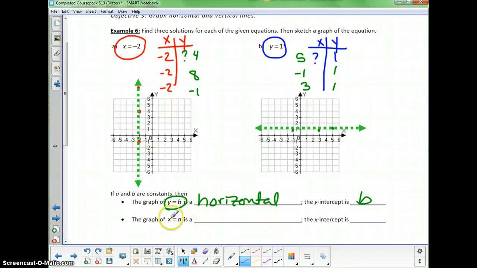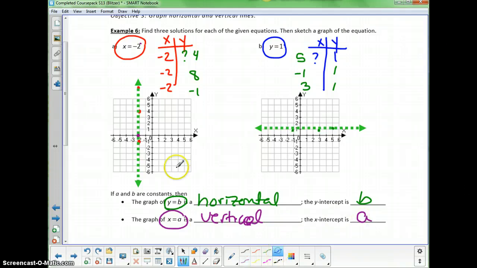For the next one, x equals a, we saw already that x equals a was going to be a vertical line. It's vertical. And the x-intercept of that vertical line is going to be, again, the only possible x value, whatever the x value is in the equation. So if it's x equals a, the x-intercept is going to be at a.